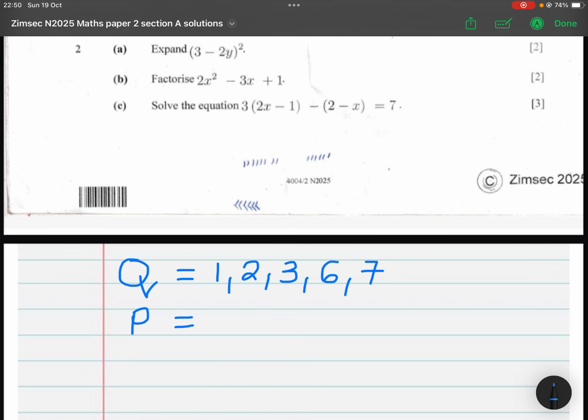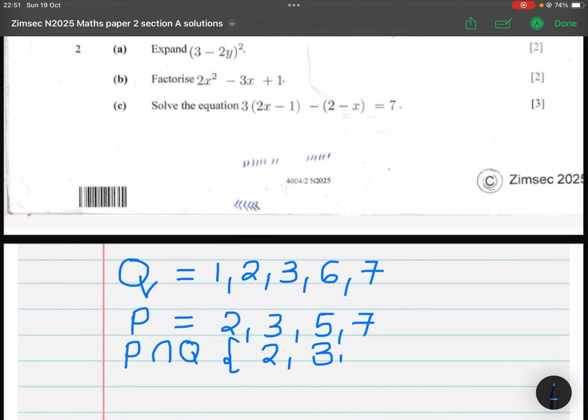And then on P, we are having the elements such as 2, 3, 5, and 7. And then if the question is saying P intersection Q, we are required to list the elements that are appearing in both sets. So can you see that 2 is appearing in both sets?